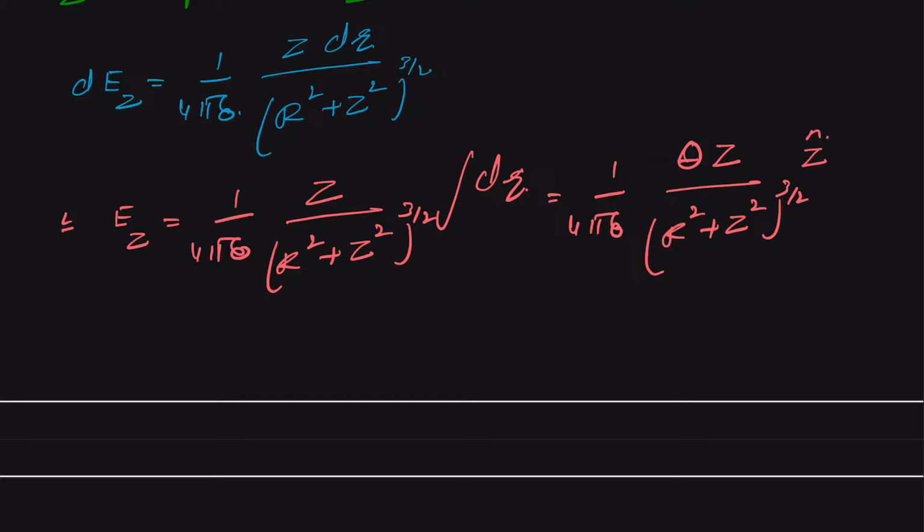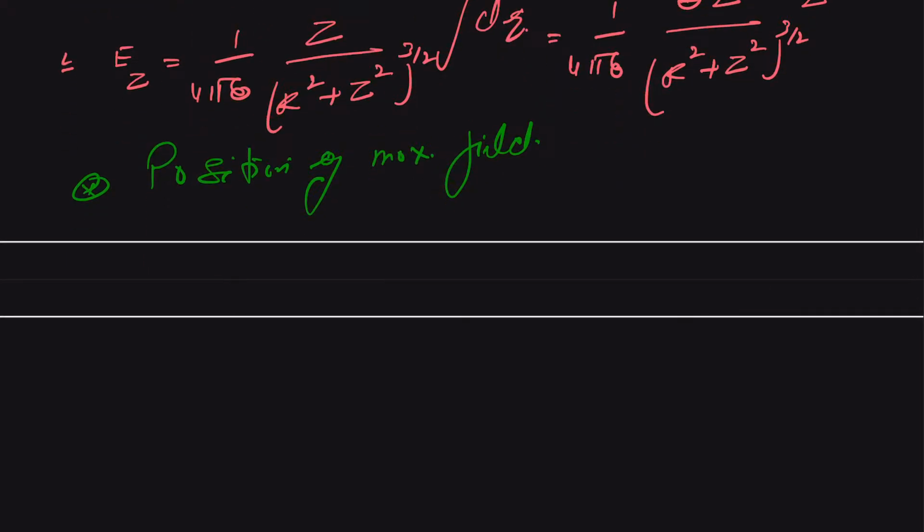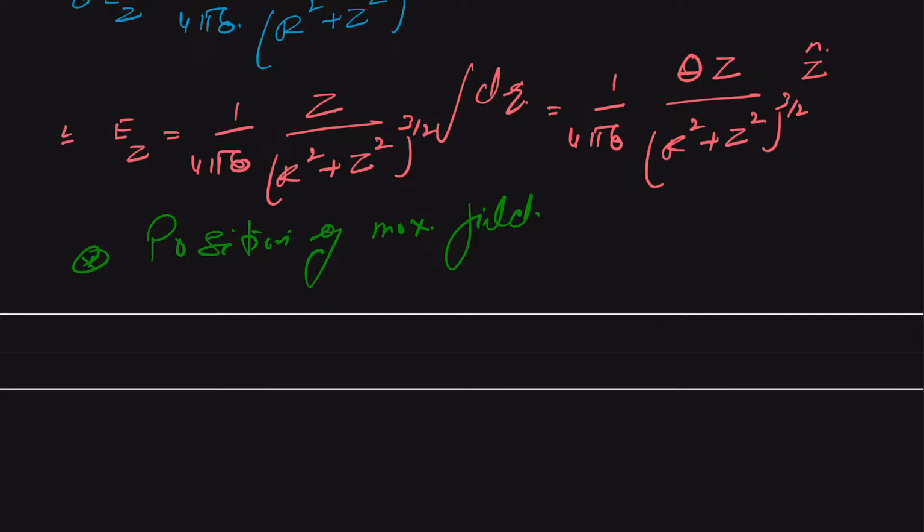And we are supposed to find the position of maximum electric field. Obviously from the equation we can clearly see that the electric field in the z direction is proportional to z upon r square plus z square to the power 3 by 2, because 1 upon 4 pi epsilon naught is a constant and the charge on the ring is also constant.